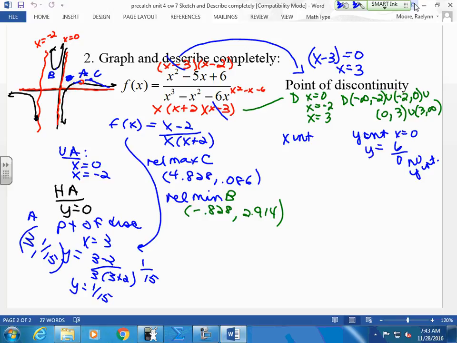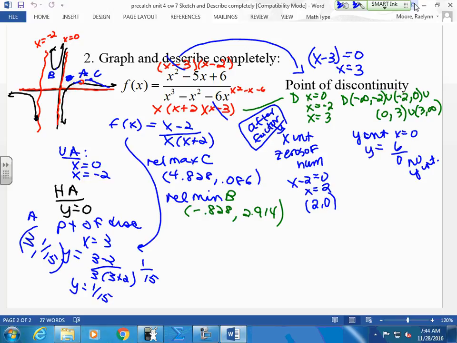Your x-intercept when y is equal to 0. Oh, sorry, 0 is over the numerator. Use after you factor. So all we have is this guy. We've only got one. That's why before we didn't have to factor, but now we had to factor. So use after you factor. So now we have one intercept.